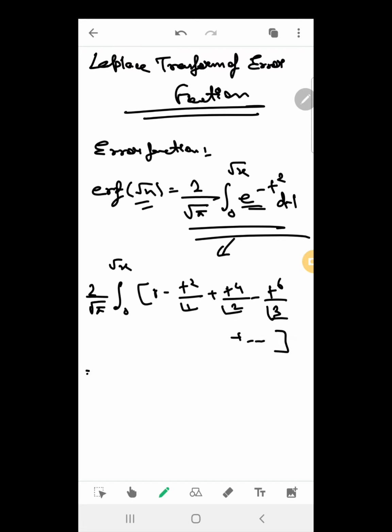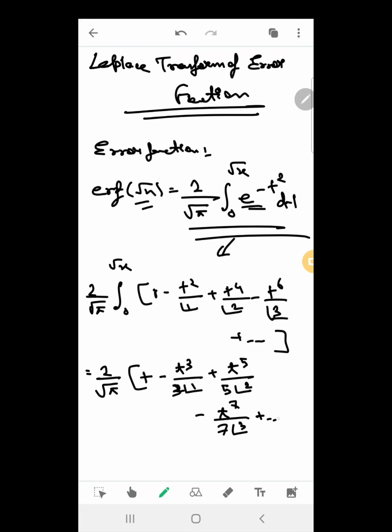Clear? So this can be written as 2 over root pi, and their integration will give you t minus t cube over 3 times 1 factorial plus t to the power 5 over 5 times 2 factorial minus t to the power 7 over 7 times 3 factorial and so on, from 0 to root x. Clear? From 0 to root x.